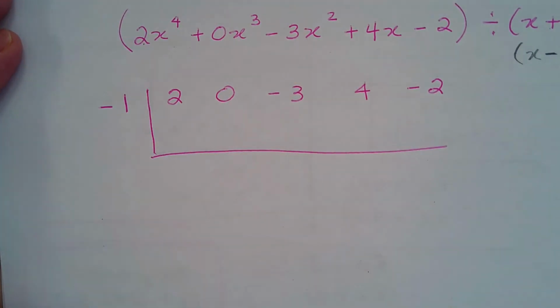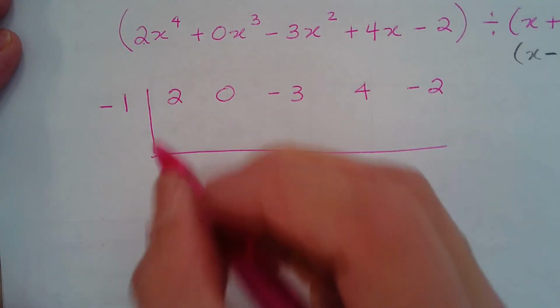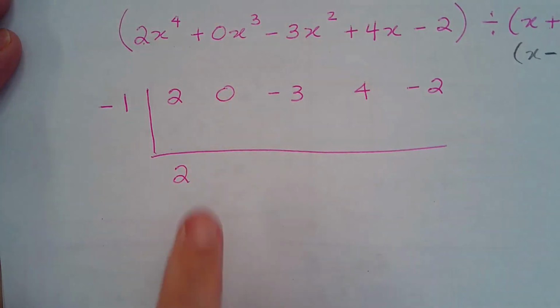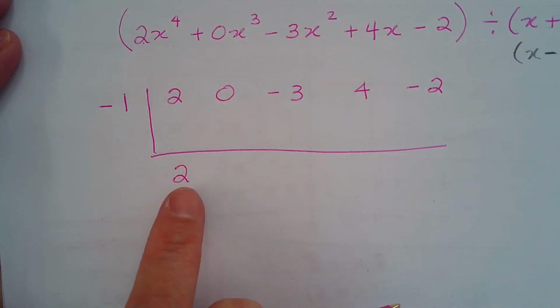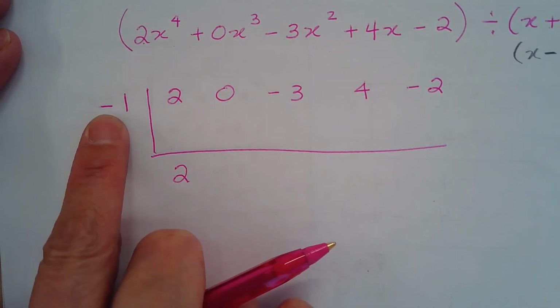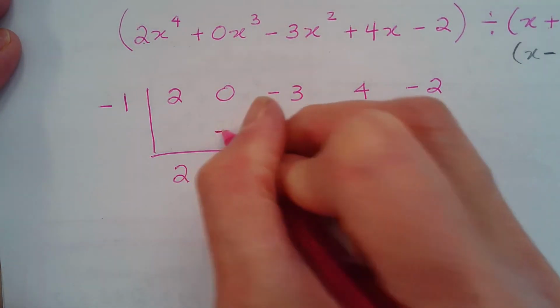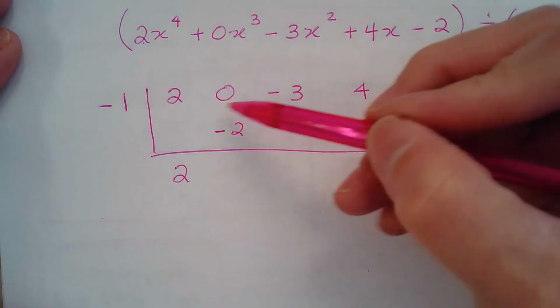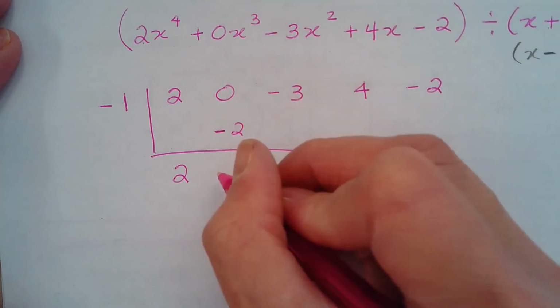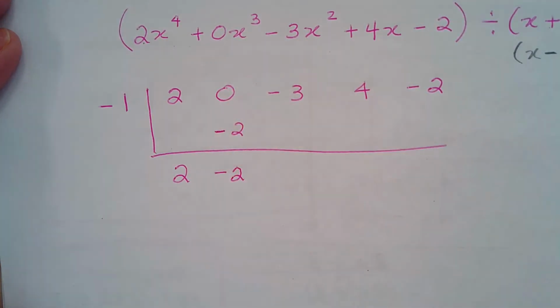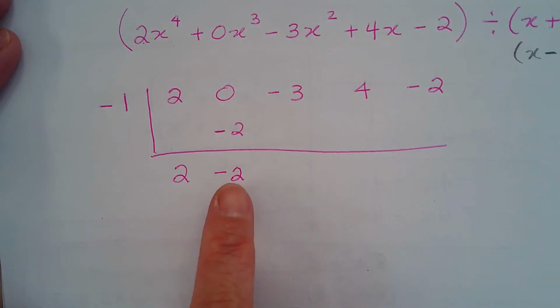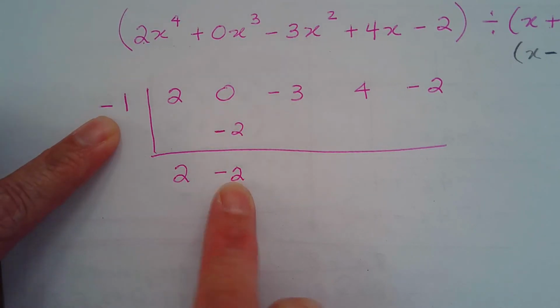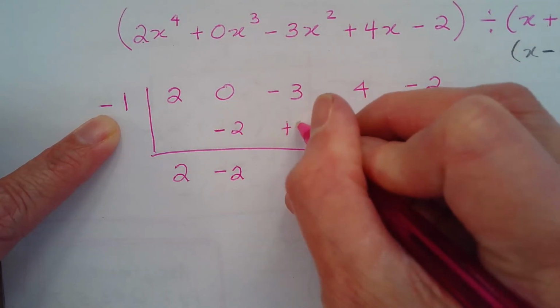The very first thing is to drop the 2, the first coefficient, and then we multiply 2 times negative 1 is negative 2, and then we add. Let's do the next one. Negative 2 times negative 1 is positive 2.